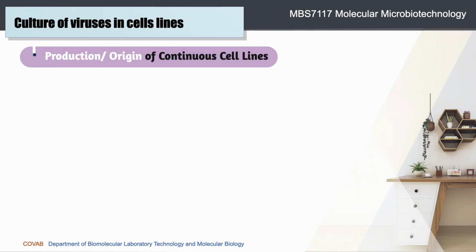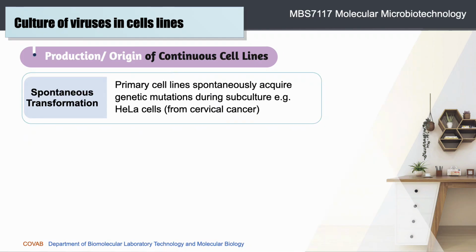So let's look at the production of the continuous cell lines. Where do we obtain them? You can get them from spontaneous transformation. Primary cell lines may spontaneously acquire genetic mutations during subculture, as we see with the HeLa cells, which were obtained from cervical cancer.